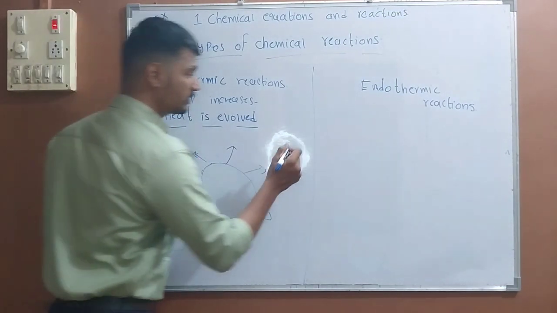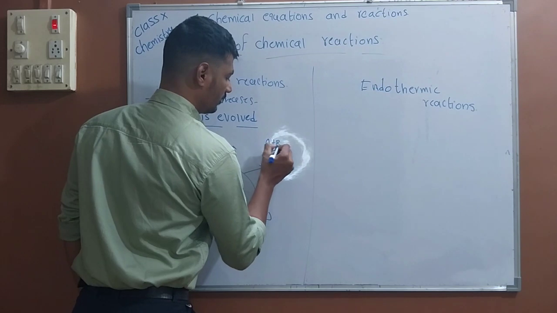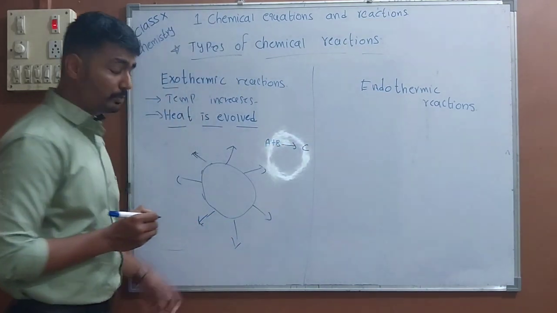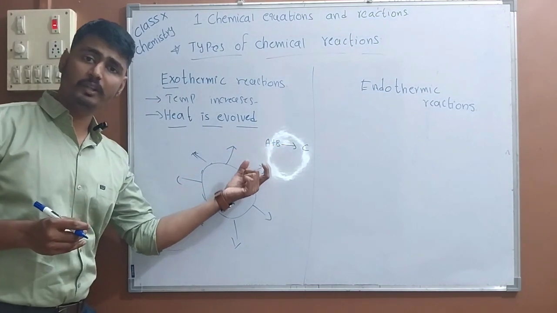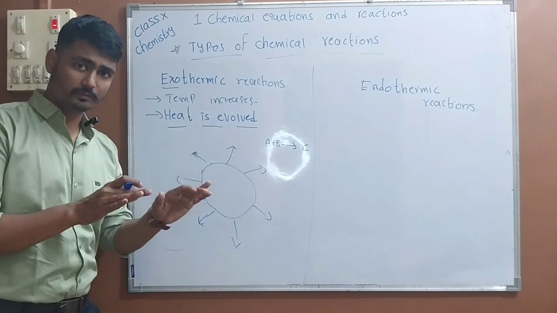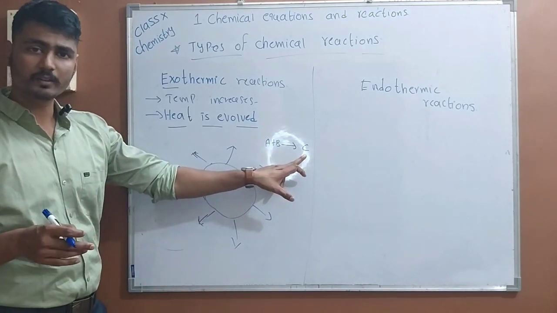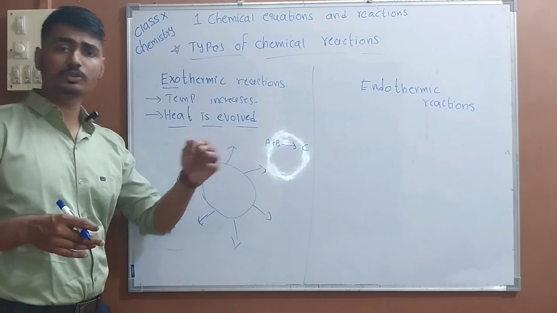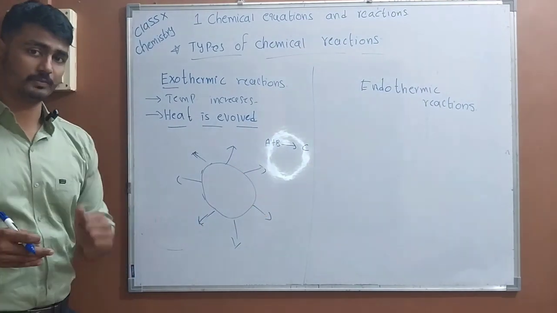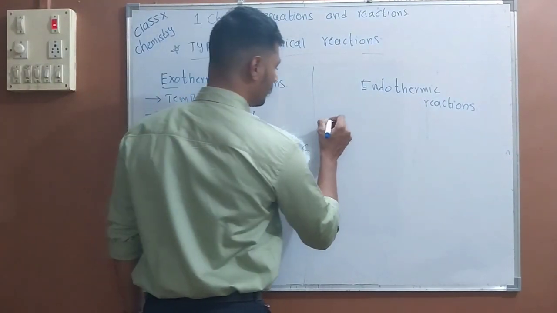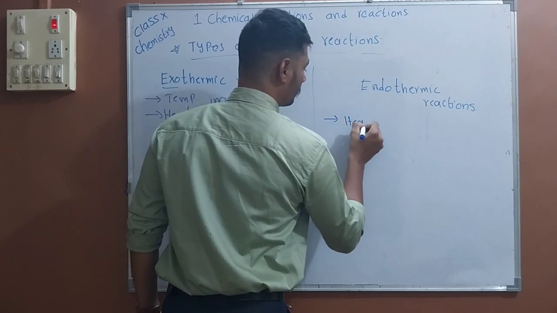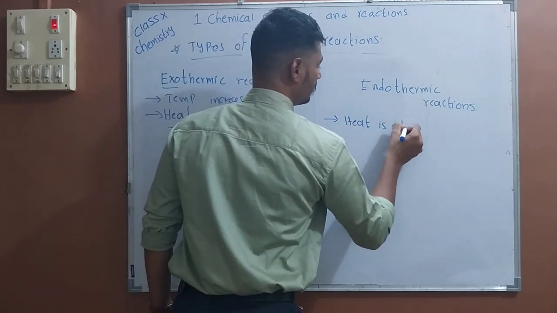Means two separate reactants, suppose A and B, are mixed to form C. The temperature of A and the temperature of B may be low initially, but when it forms C, it is an exothermic reaction, so its temperature will be a little bit higher. Now we are going to learn about endothermic reactions.